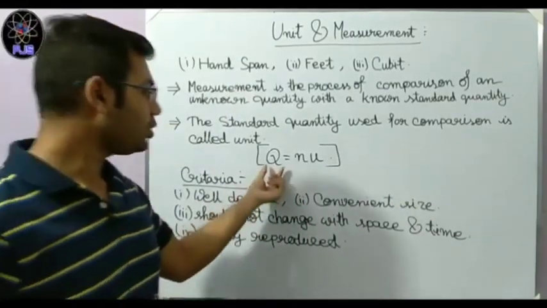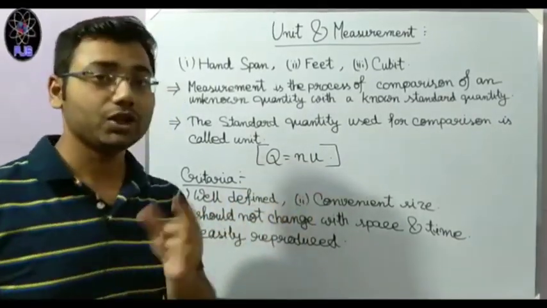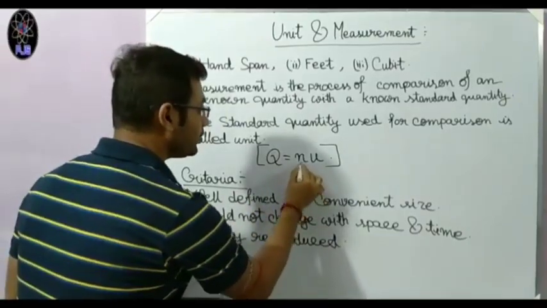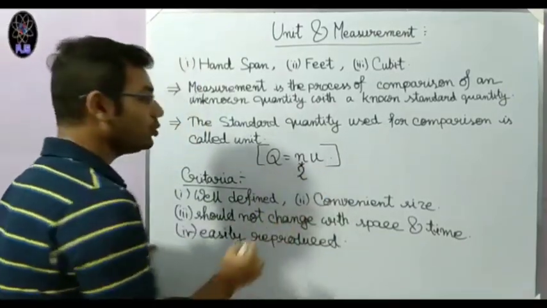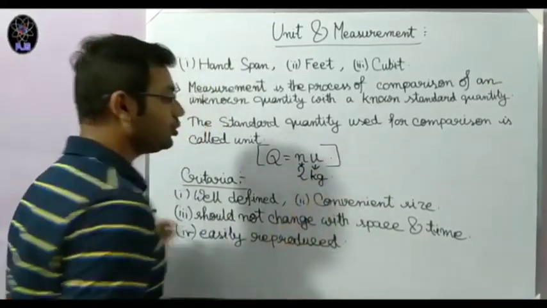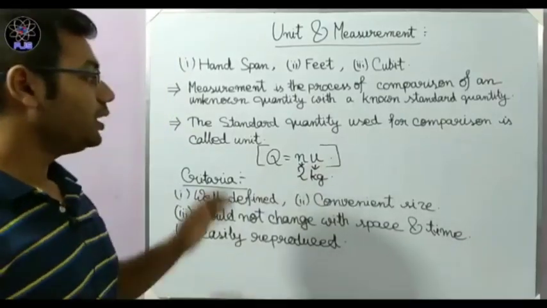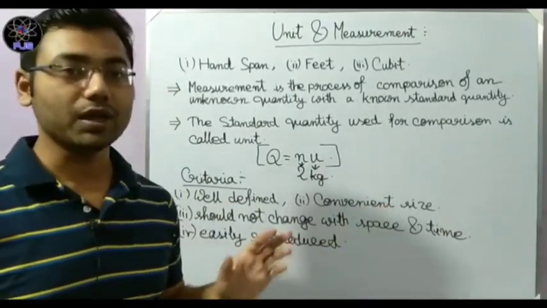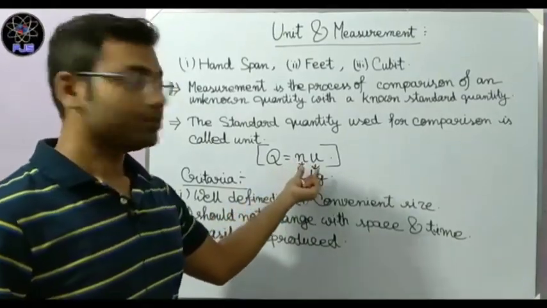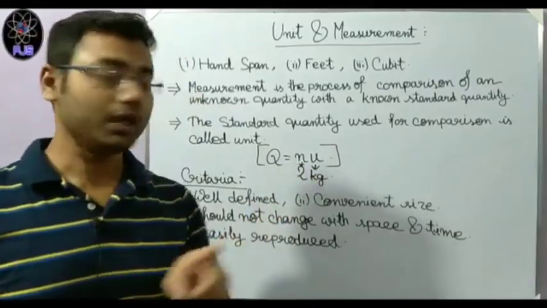So physical quantity equals number into unit. Like 2 kg rice. Here 2 is the number and kg is the unit. So in measurement of every physical quantity, at first we should put the number and then we should put the unit.